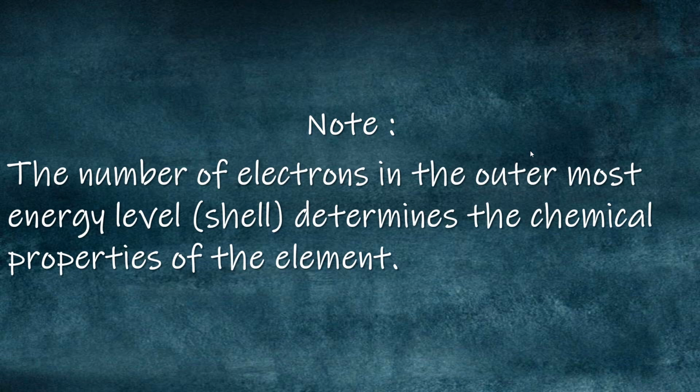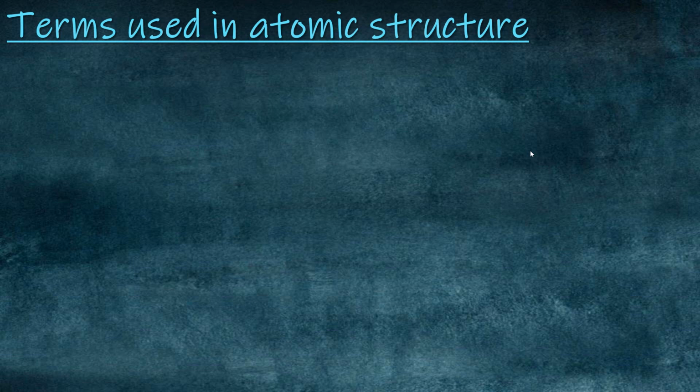Now note, the number of electrons in the outermost energy level, or the outermost shell, determines the chemical properties of that element. So what are the terms that we use in atomic structure or even in nuclear structure while studying an atom or a nucleus? Number one, we have what we call nucleons.